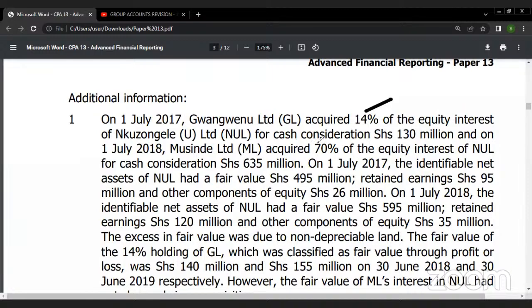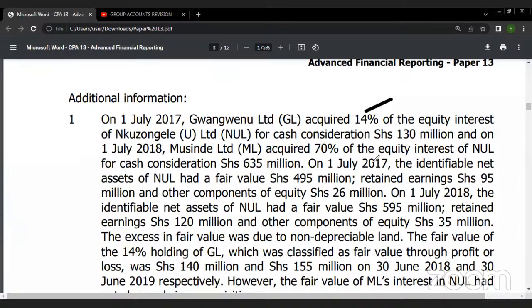So far, ML is the parent because it has 70%. GL is just having a shareholding of 14% in NUL. So NUL is not a subsidiary and not an associate as at 1st July 2017 of GL. However, on 1st July 2018, we see ML acquiring 70% of the interest of NUL, so NUL becomes a subsidiary of ML on 1st July 2018.